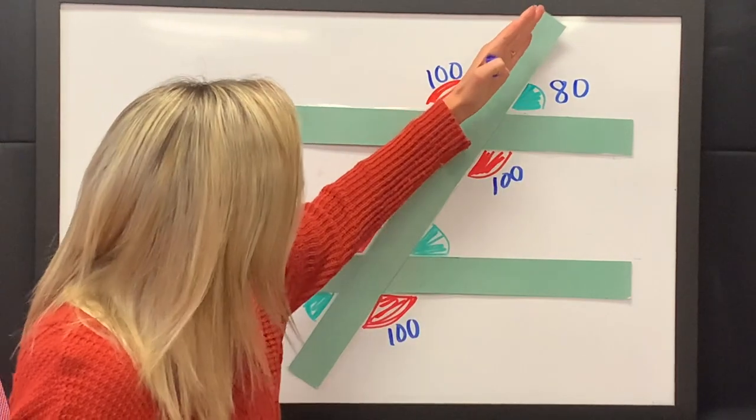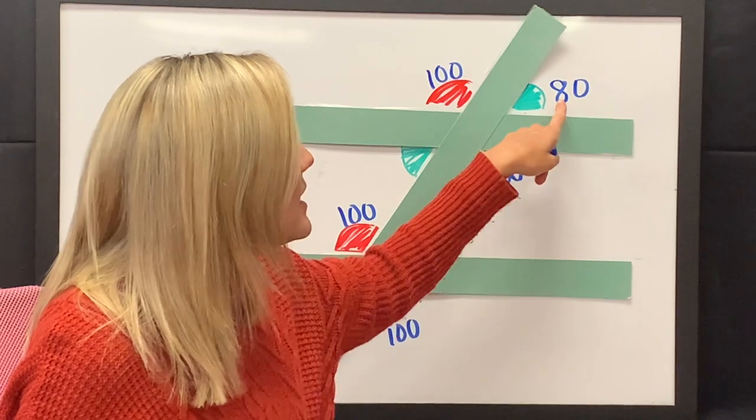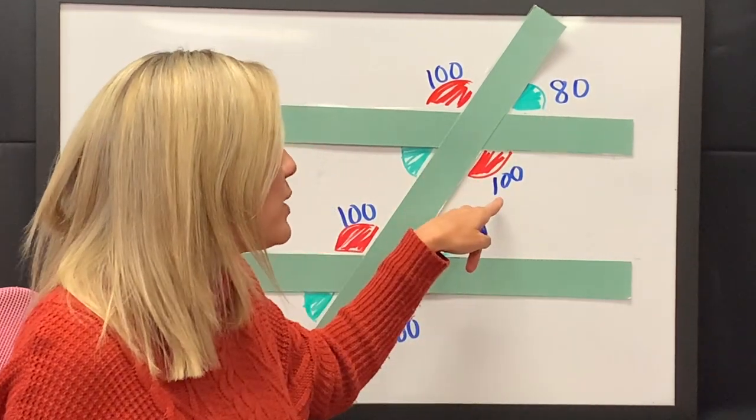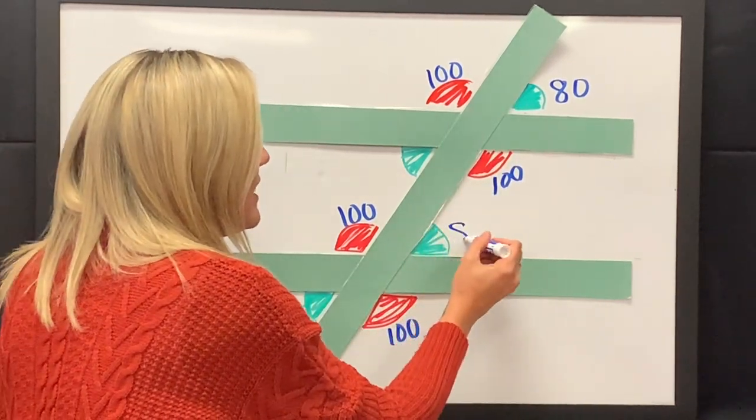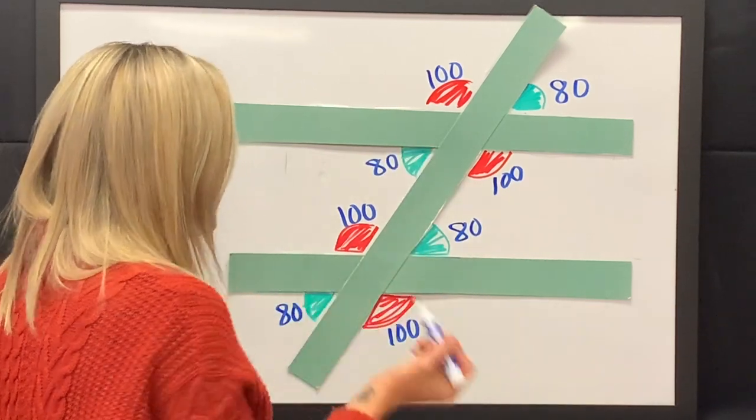Because if you look at it like this, one straight line together is equal to 180 degrees. So you could always think 100 plus what would give me 180, or 180 minus 100 would give me that missing angle. So I'm going to quickly fill in these other missing angles being 80. So that is one way that you can find out the missing angles.